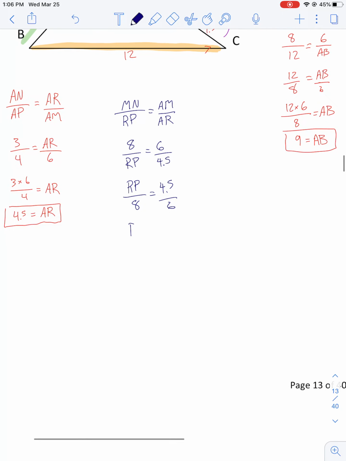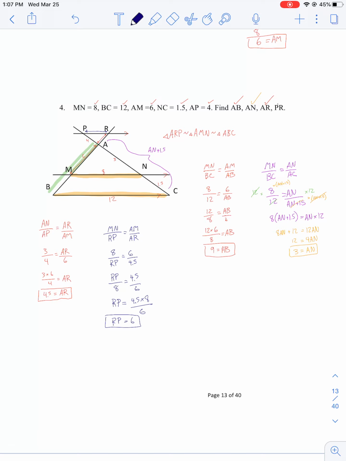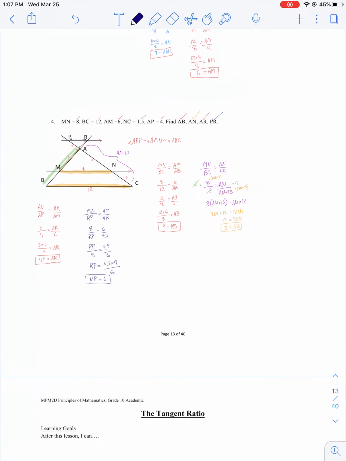Then I'm going to multiply both sides by 8. 4.5 times 8 divided by 6. Throw that in your calculator if you're unsure. It looks like 36 divided by 6. 36 divided by 6 is 6. So we get RP, side length RP, or PR, same thing, is equal to 6.